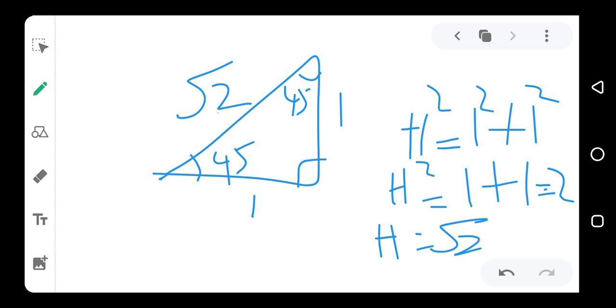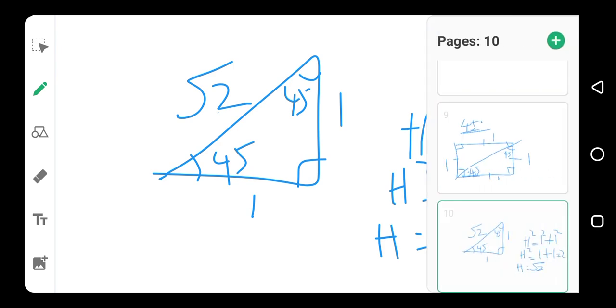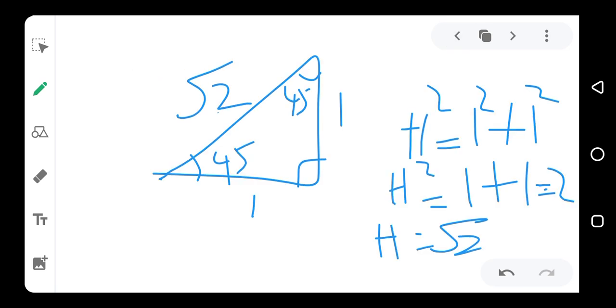Root 2. Now let's look at sine 45, cos 45, and tan 45. Sine 45 is equal to opposite over hypotenuse. The opposite is 1, hypotenuse is root 2.